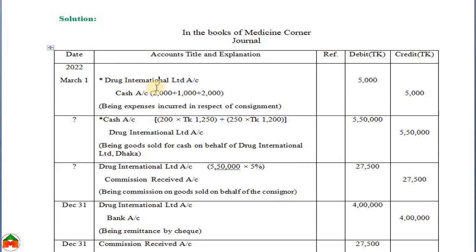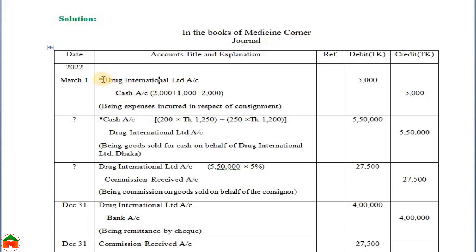So for payment by the consignee, the journal is Drug International Limited debit and cash account credit. Here Drug International Limited is the consignor, and the payment is paid by the consignee. That's why the journal is consignor account debit, and the credit side is showing the cash account.